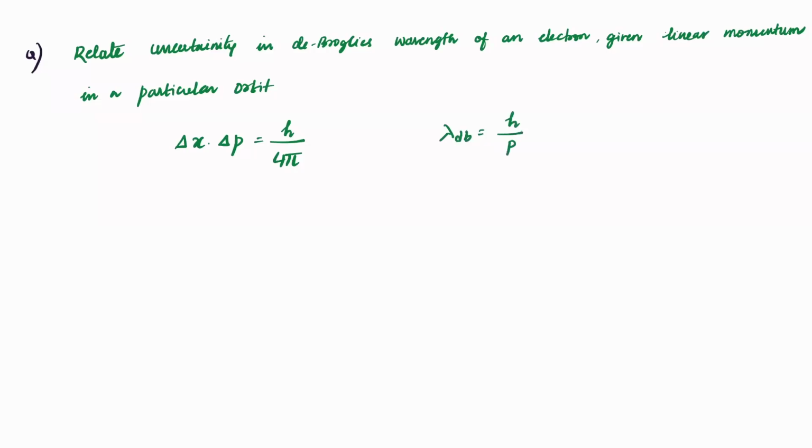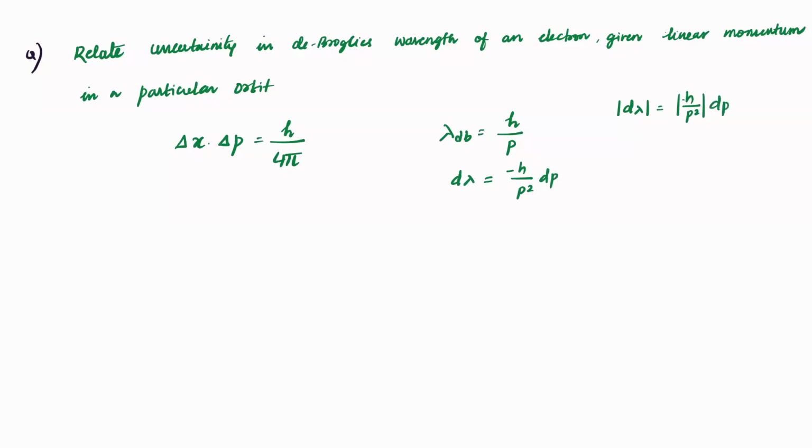Now differentiate that. We get d lambda is equal to minus h by p square into dp. Take the mod of it. So d lambda is equal to mod of h by p square into dp.